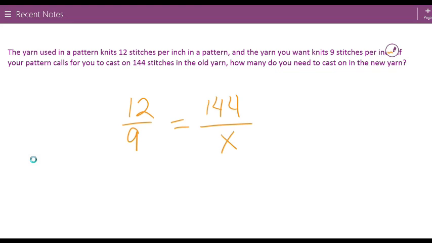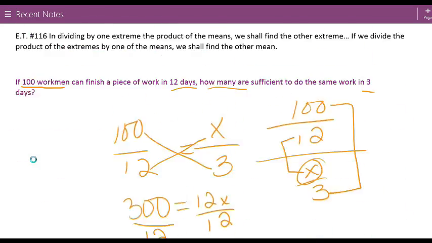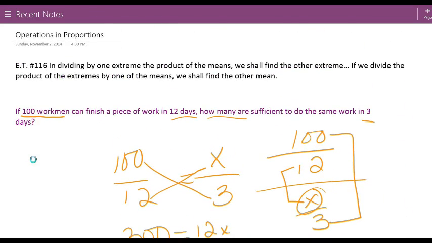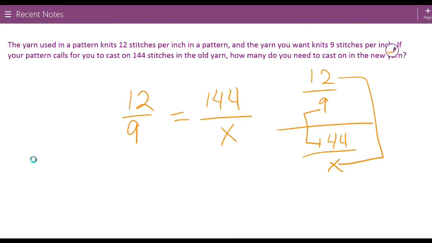So again, in this case, if we were to set it up as a fraction, we have our two means and we're looking for an extreme. In this one up here we had our two extremes and we were looking for a mean. So each one of these talks about one of those aspects of the new and improved rule of three in Elementary Treatise. Again, of course, you can just cross multiply.